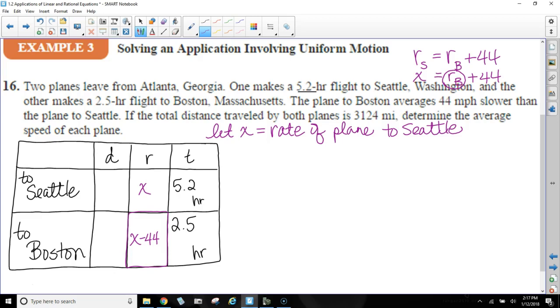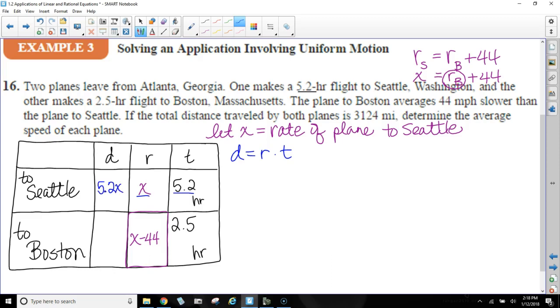Now, in a uniform motion problem, once you get two of the three columns filled out, we write that third column as a function of the other two, using our formula distance equals rate times time. So the distance of the Seattle plane can be expressed as the rate of the Seattle plane times the time of the Seattle plane. So the distance is represented by 5.2 times x.